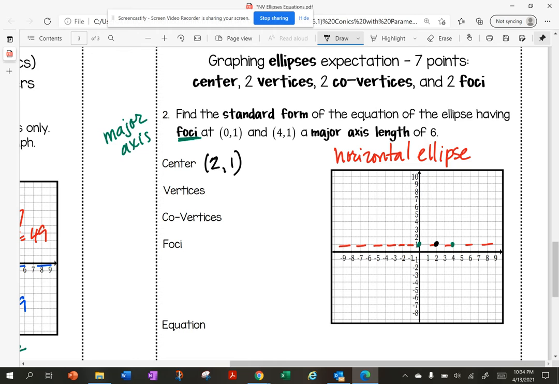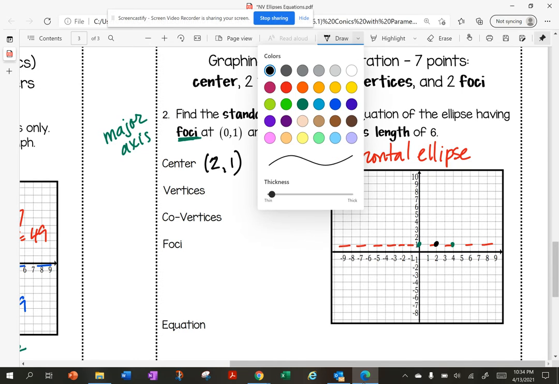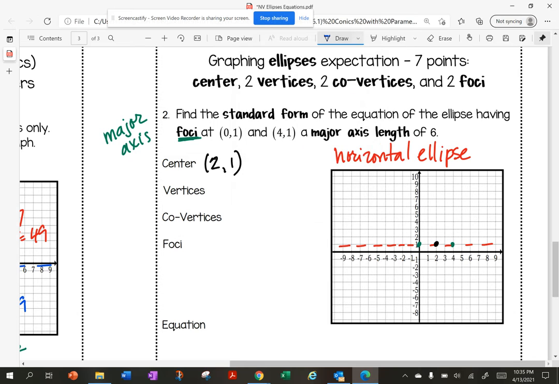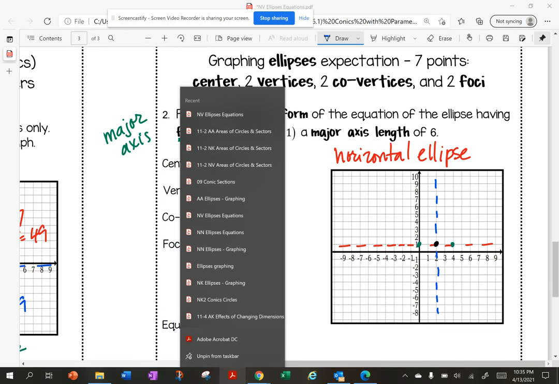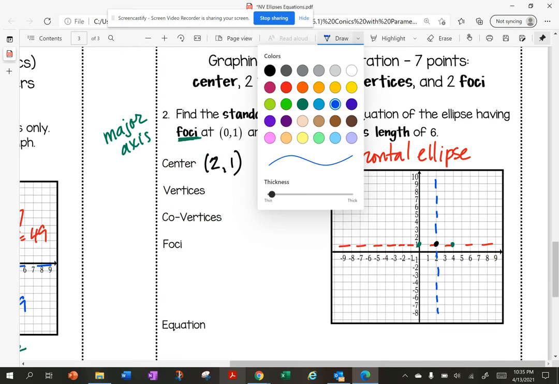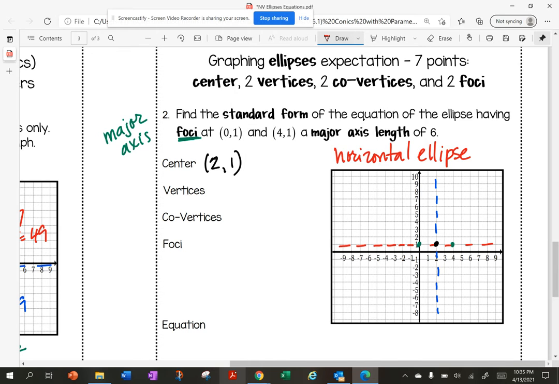All right. So here is my minor axis. And then it says my major axis is a length of 6. And we said the major axis length equals 2 times a. So if I divide both sides by 2, I get a equals 3.